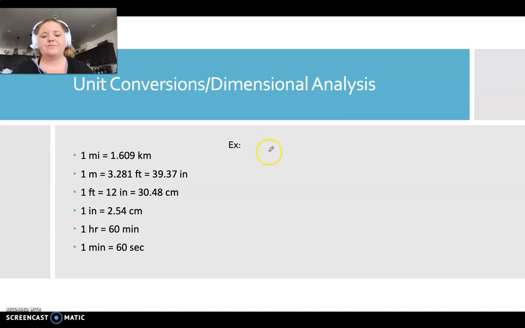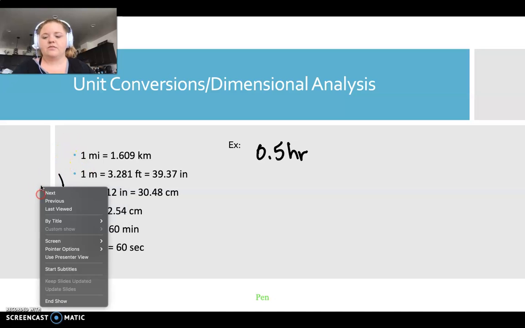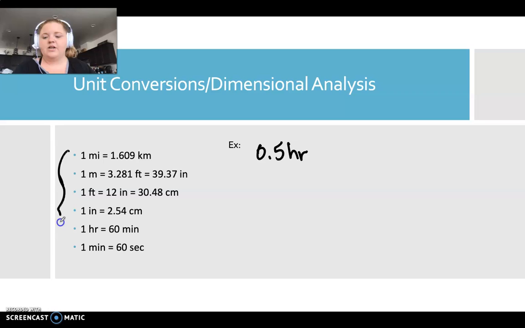So if I said 0.5 hours that I need to cook this, and I want to know how many minutes, I'll use one of these conversions. These are all lengths, and then I've got my time down here.